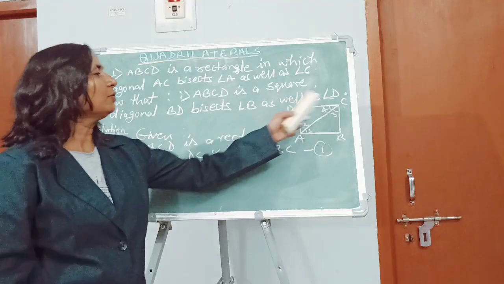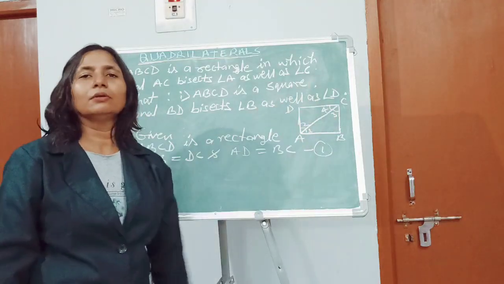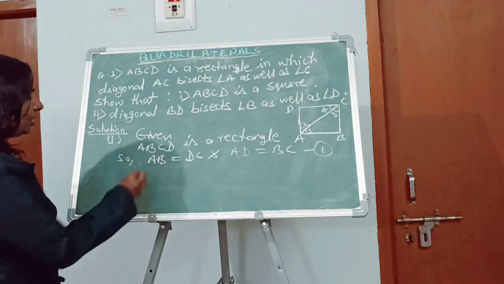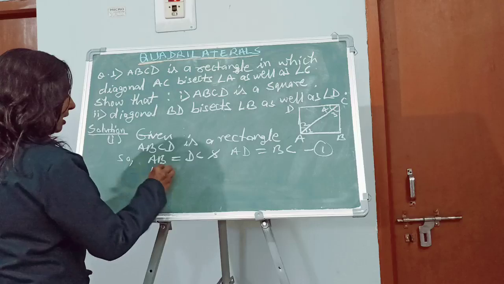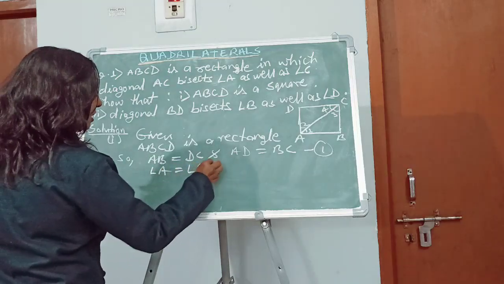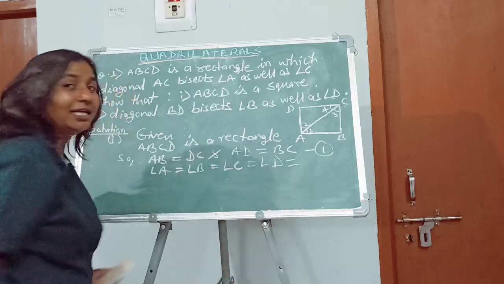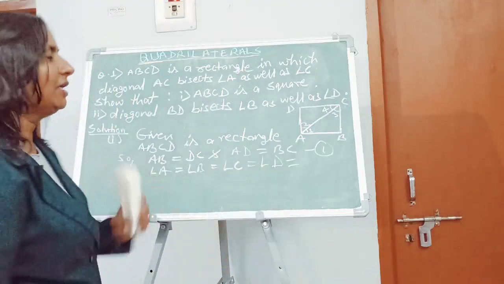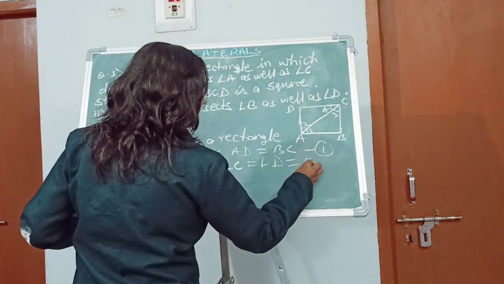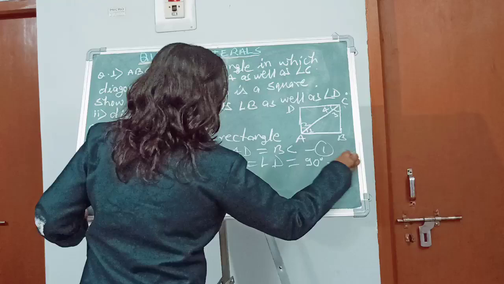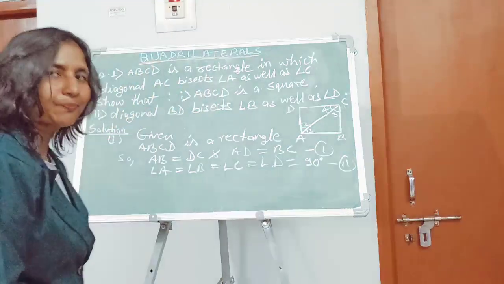And one more thing, angle A is equal to angle B is equal to angle C is equal to angle D, and each angle is equal to 90 degrees. Very good. Let us suppose it is equation 2.